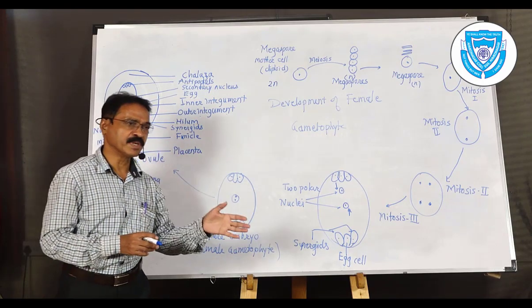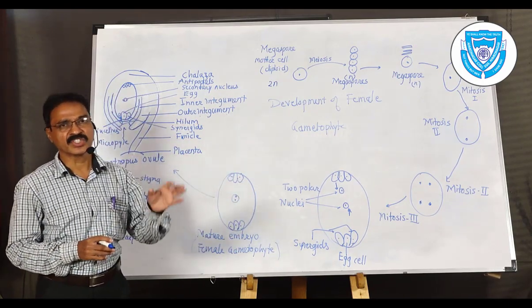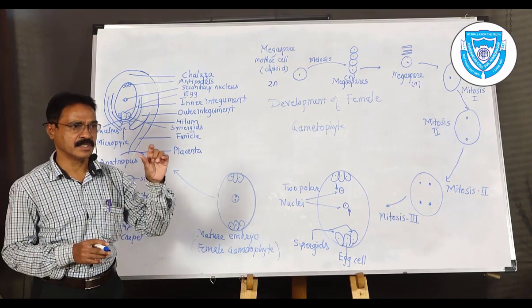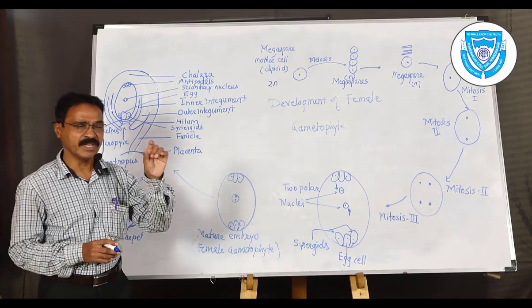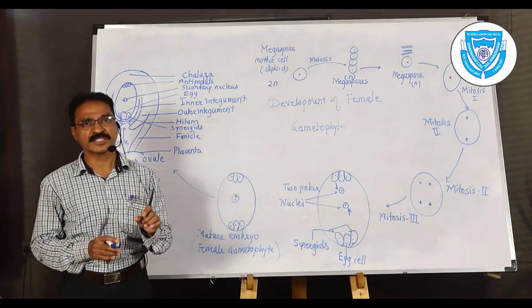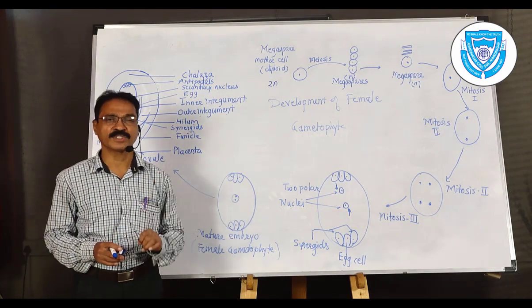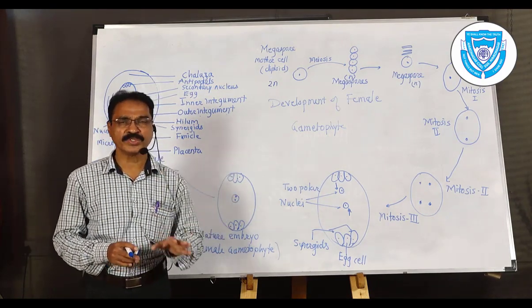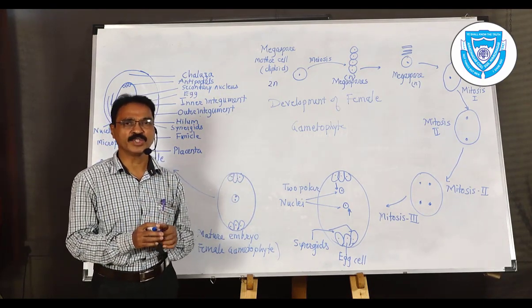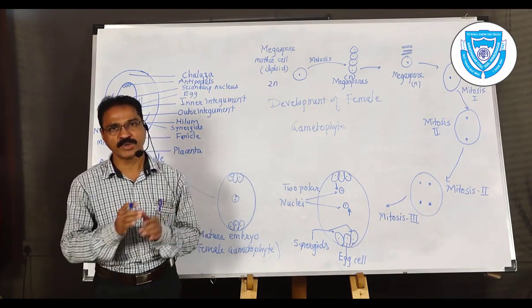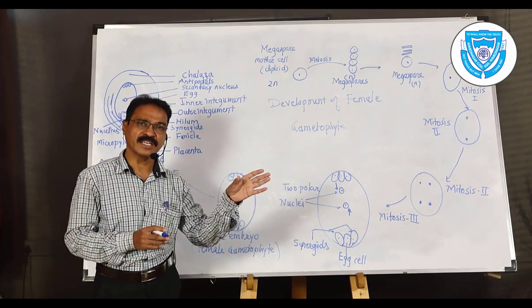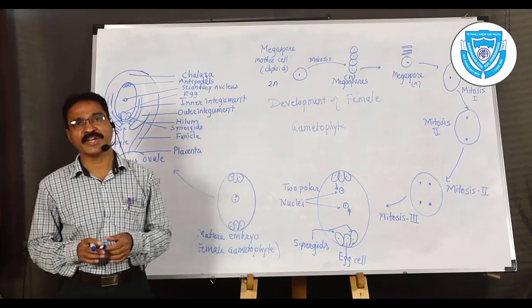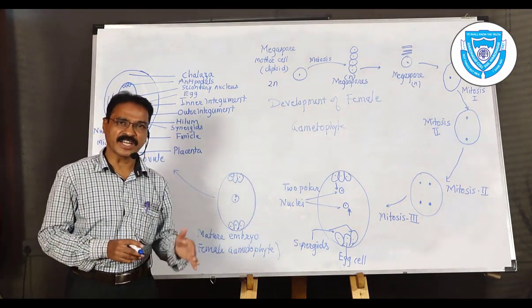If, for example, in the onion, 16 chromosomes are present in the diploid condition, then when it undergoes meiosis, the newly formed 4 cells are haploid. Means the chromosome number is reduced to half, from 16 to 8. So it is a reductional cell division.